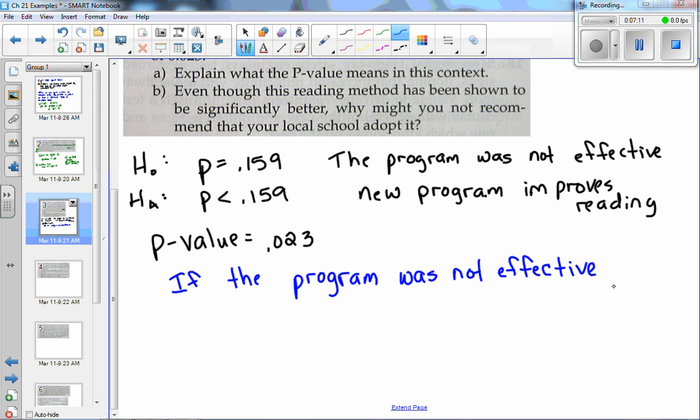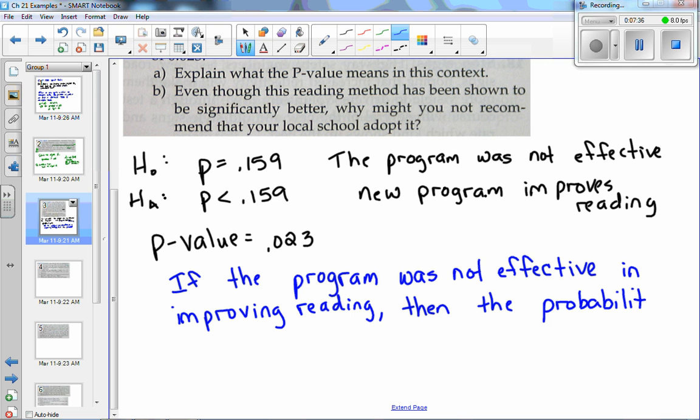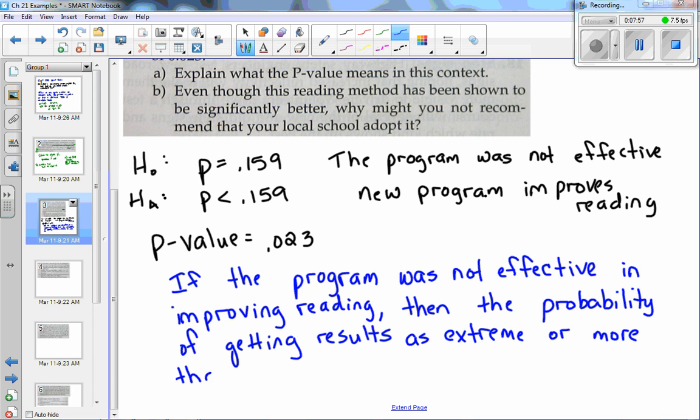If the program, but I'm putting it in context, if the program was not effective in improving reading, then the probability of getting results as extreme or more than our sample is 0.023.